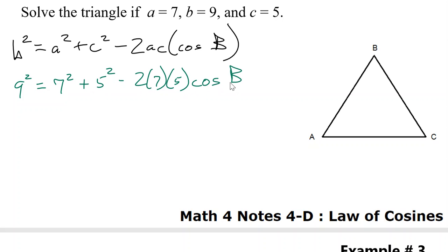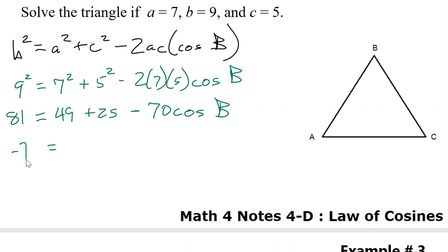And then plug in. Let's see, little b, little a, little c. That's going to be 81, 49, 25. That's going to be minus 70 cosine B. By the time I subtract 49 and 25 from 81, I get negative 73. Negative 70 cosine of B. And then I'm going to divide both sides by negative, wait a minute now.